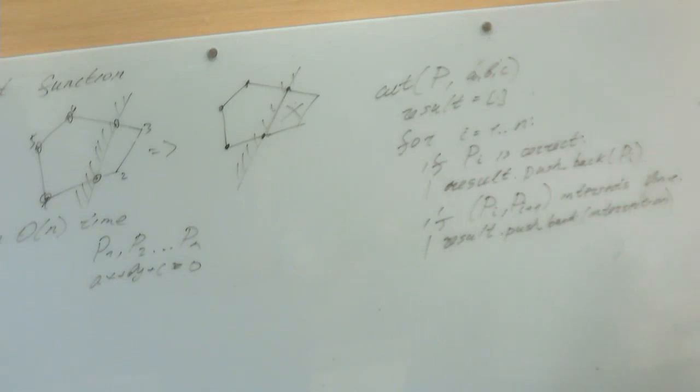And how do I check if this segment intersects the line? Well, I'll just calculate the signed distance to that line. So I'll just plug the first point and the second point into the line equation, and they should be on different sides. Right?